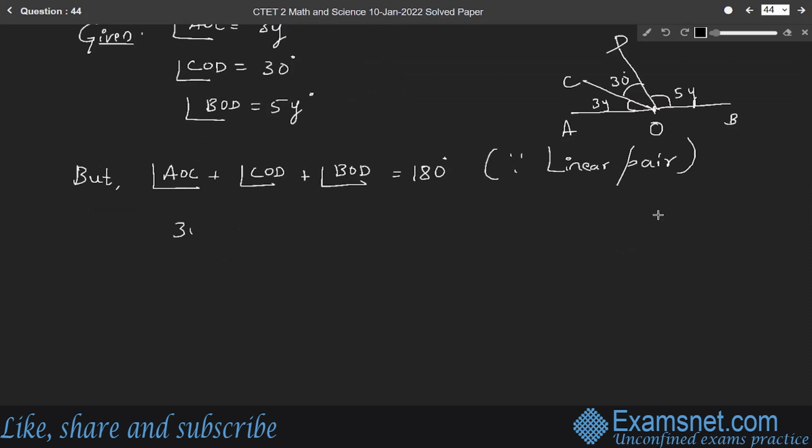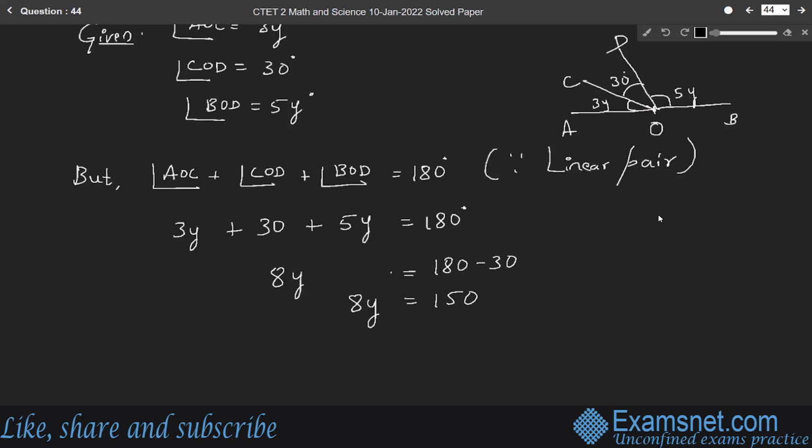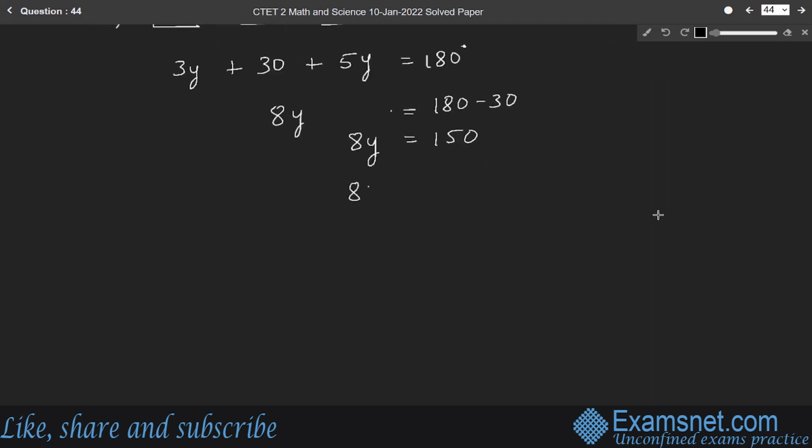AOC is 3y, 30 degrees COD, BOD is 5y is equal to 180 degrees, which is 8y is equal to 180 minus 30, which is 150. 8y is 150. So let us divide both LHS and RHS by 2, which is 4y is equal to 75 degrees.